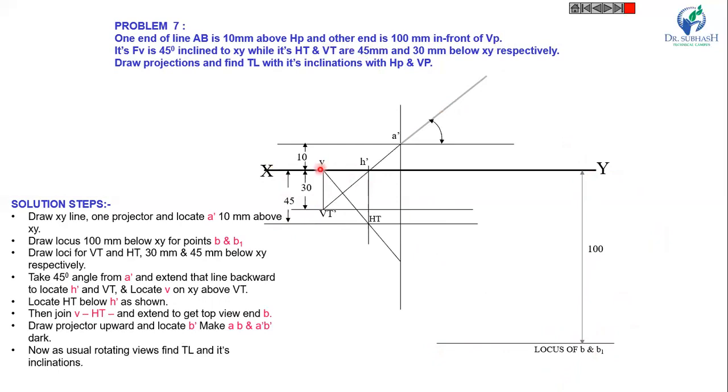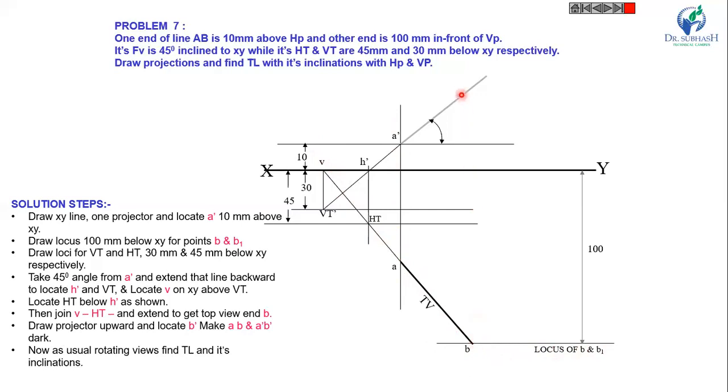Now join this V and HT. We know that V and HT are always collinear. So join V and HT and extend it up to the projector of A dash. So this point is A. Extend this line up to the locus of B and B1. So this point will be B, and this AB is our top view.